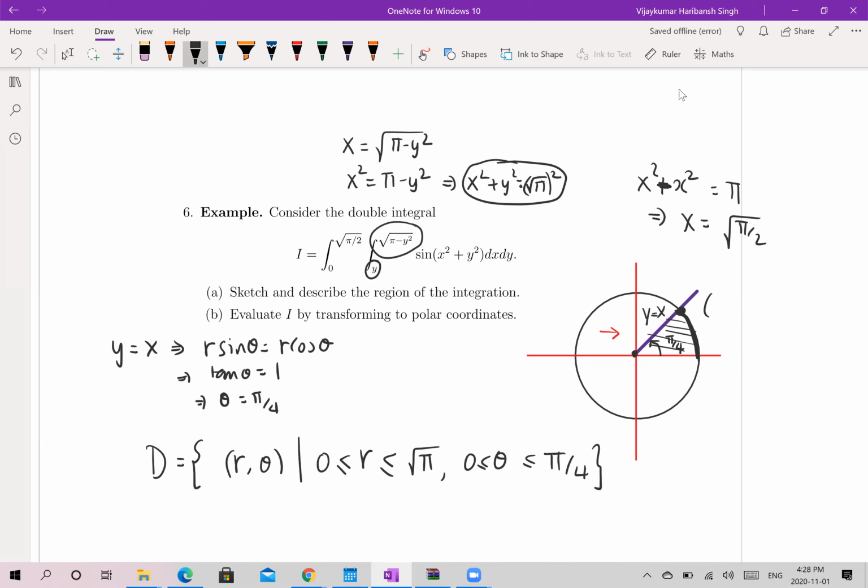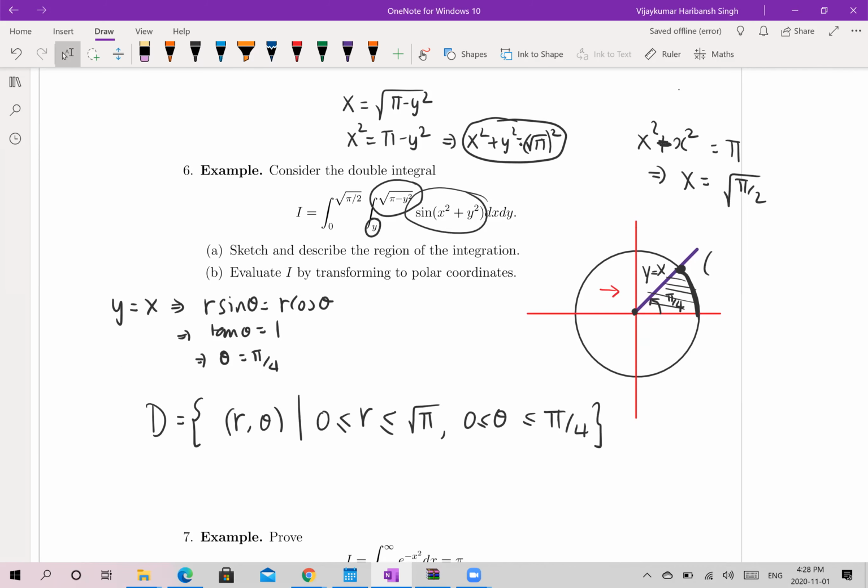So this is the region. Now we need to integrate this function over it. So let's write down the polar coordinates of this region.